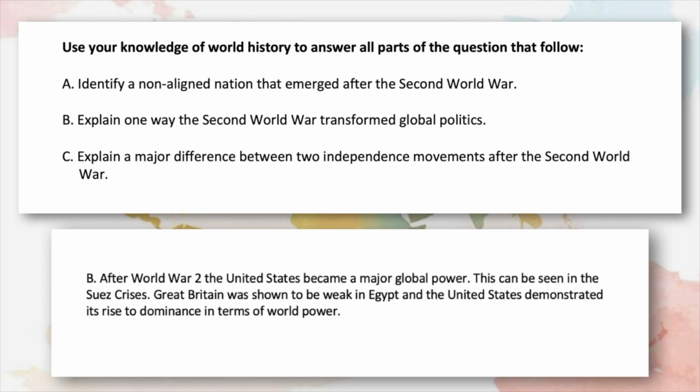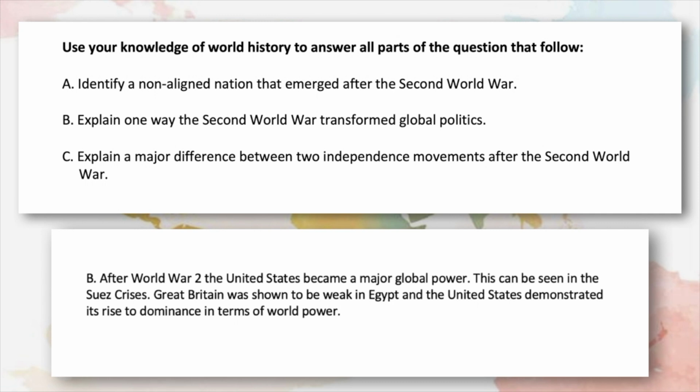After World War II, the United States became a major global power. This can be seen in the Suez Crisis. Great Britain was shown to be weak in Egypt, and the United States demonstrated its rise to dominance in terms of world power. This does the same thing the previous one did, but gives a little more detail. So this doesn't work. I know exactly where they got this content.